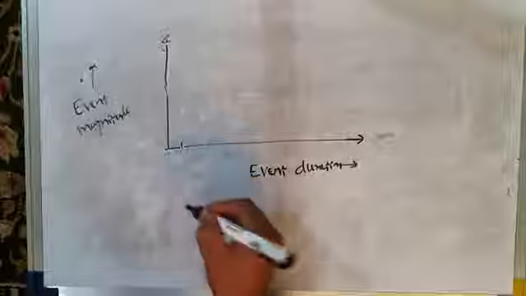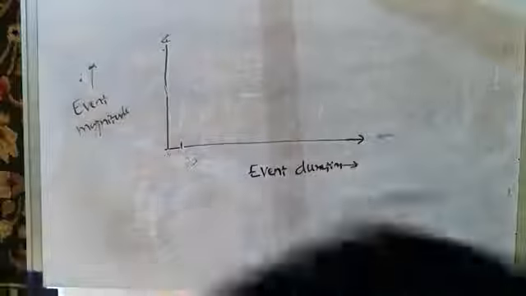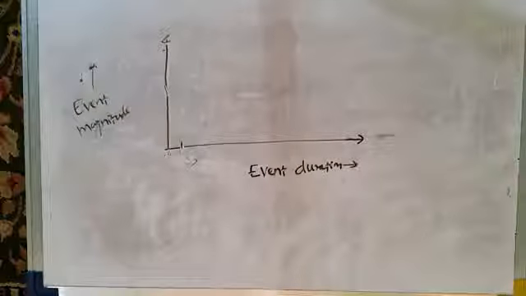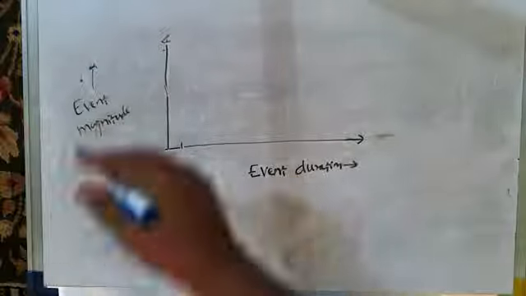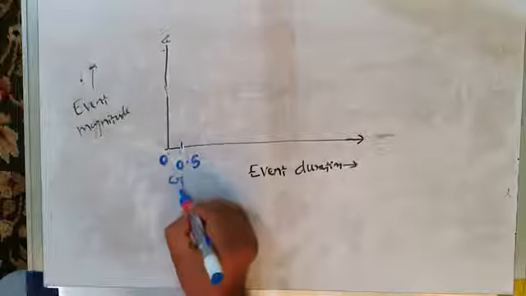This is 0.5. I'm sorry, I have to change the pen. This is 0.5 second, 0.5 cycle.